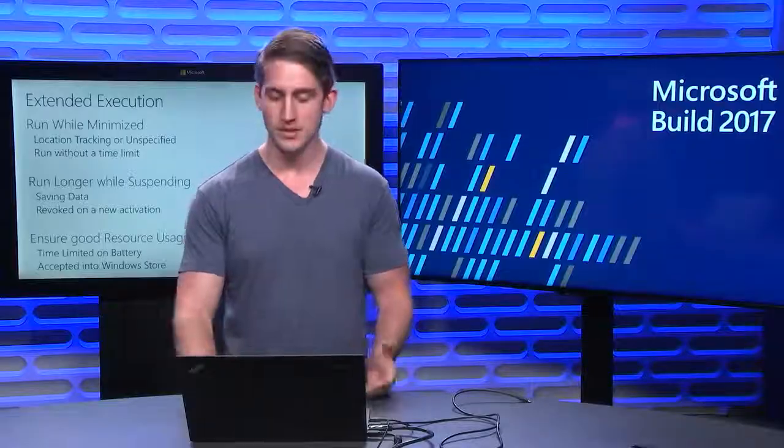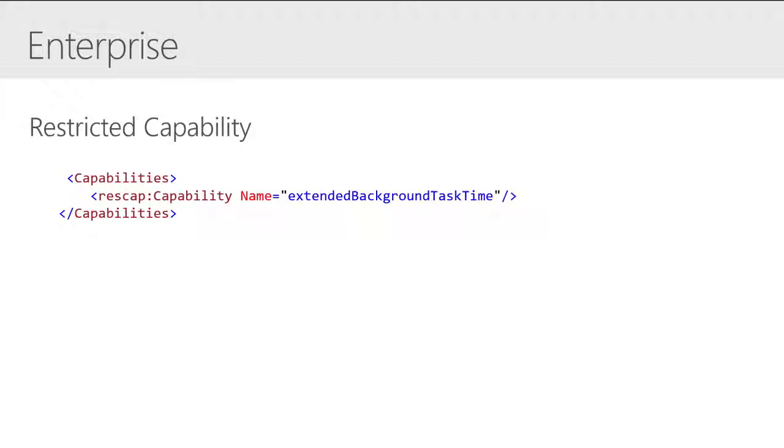Well, for enterprises and line of business applications, we've introduced a new capability. It's a restricted capability that won't be accepted into the Windows Store, but will be accepted into the Windows Store for Business. This is called Extended Background Task Time. Any background task that you are creating will now no longer have an execution time exceeded or idle task cancellation.